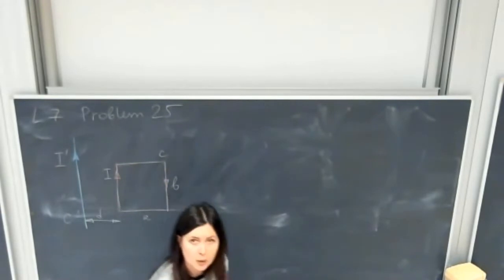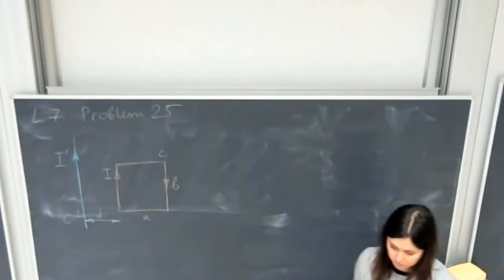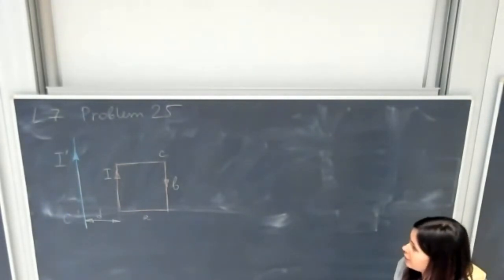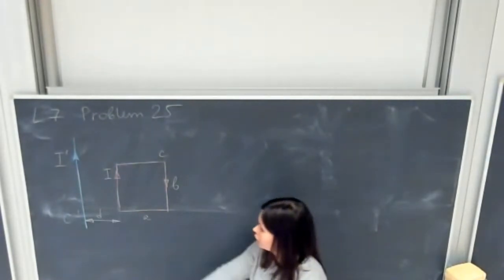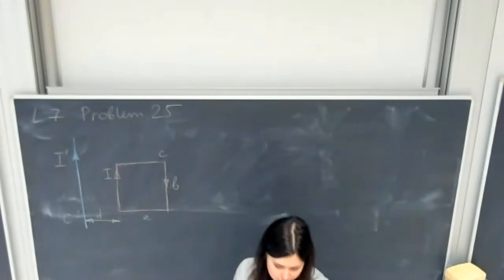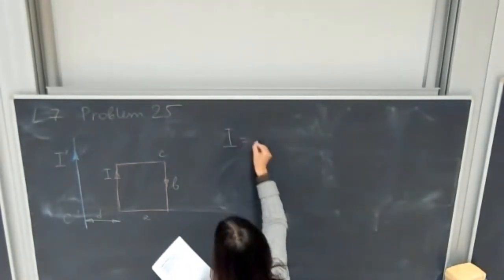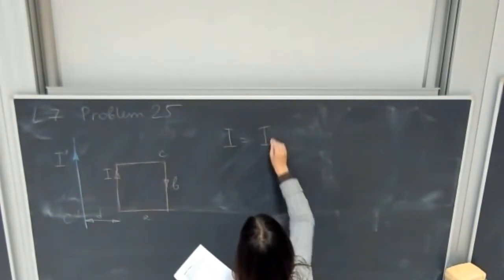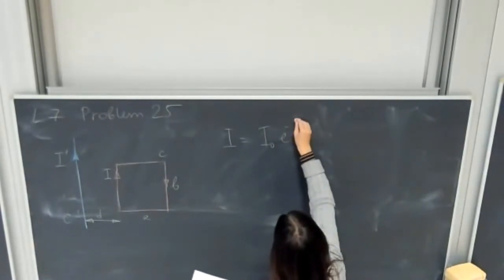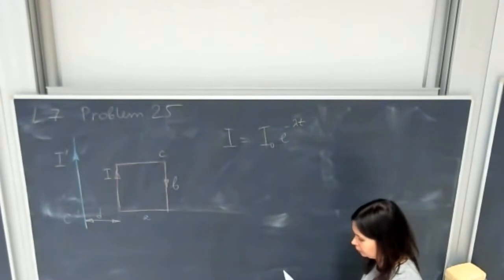So in this problem we have current in the infinitely long straight circuit, which is called C prime, and the current is given by some current amplitude and some time varying function.